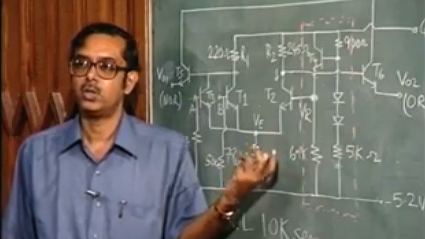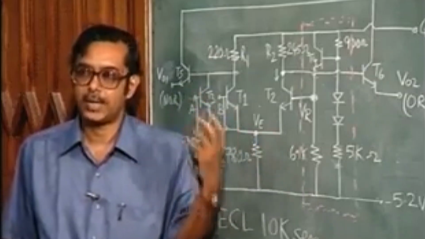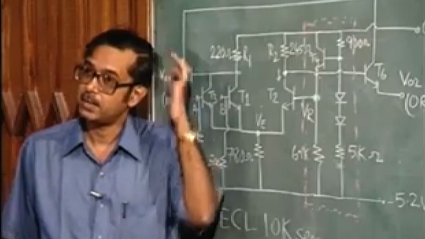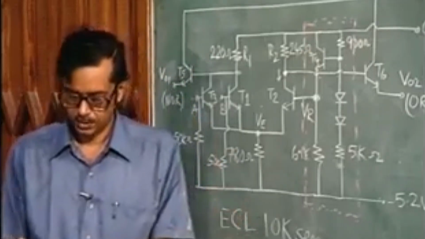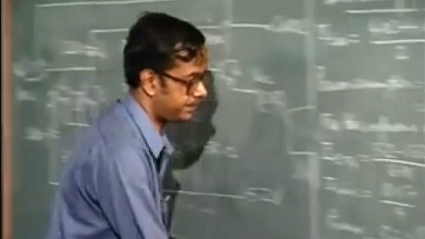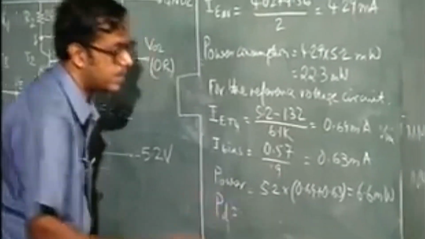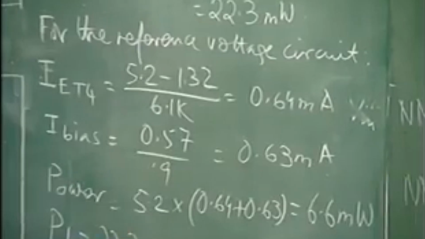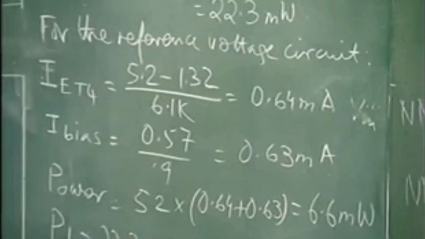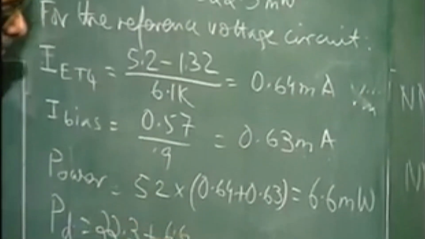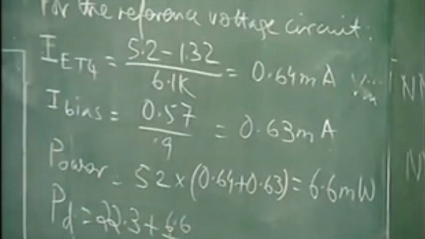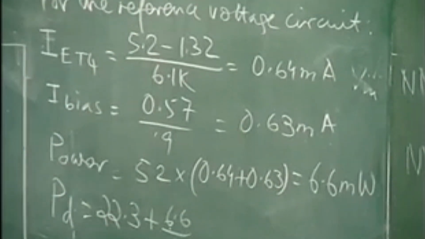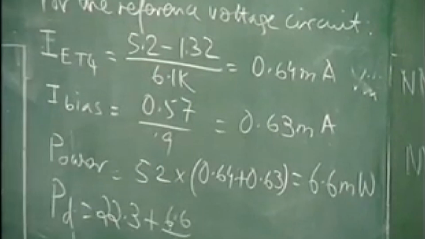So, now how do you calculate the power dissipation per gate? The power dissipation is going to be 22.3 milliwatts plus 6.6 divided by 4, because the 6.6 milliwatts is shared among the 4 gates.